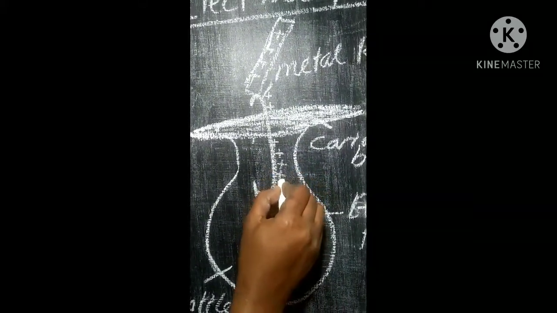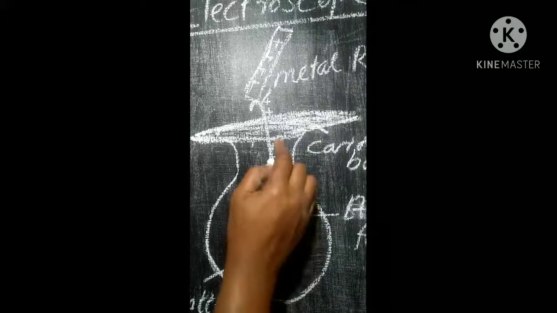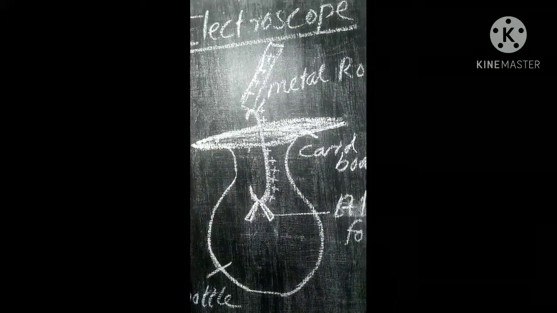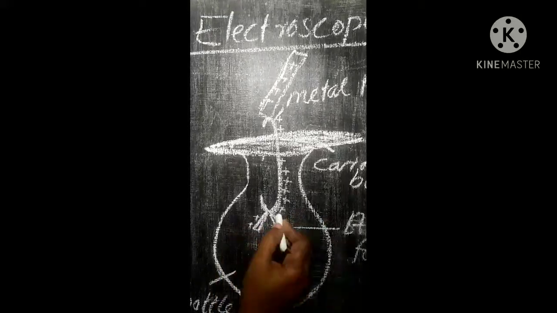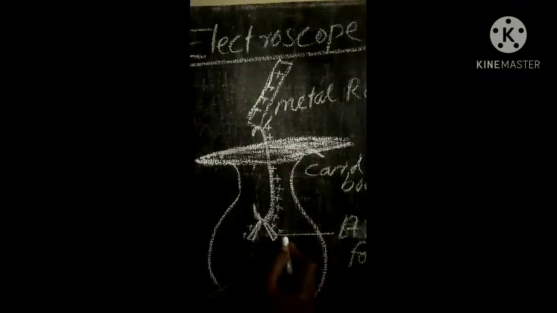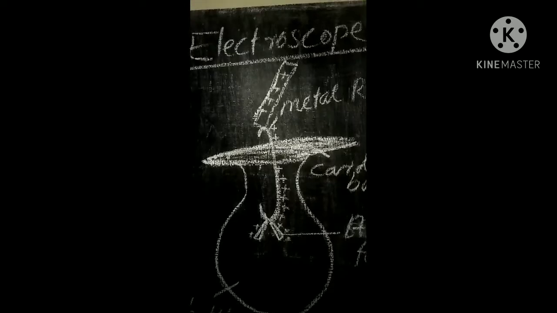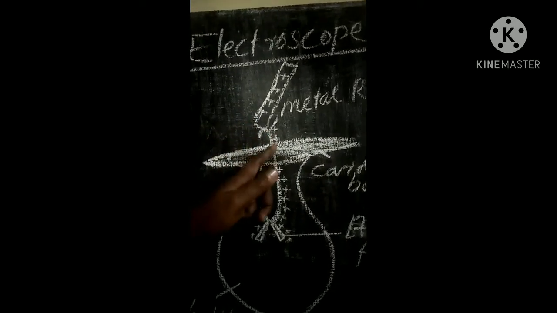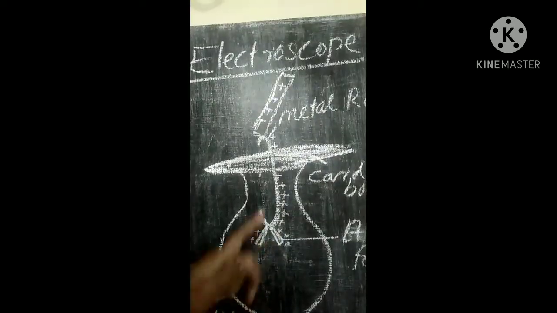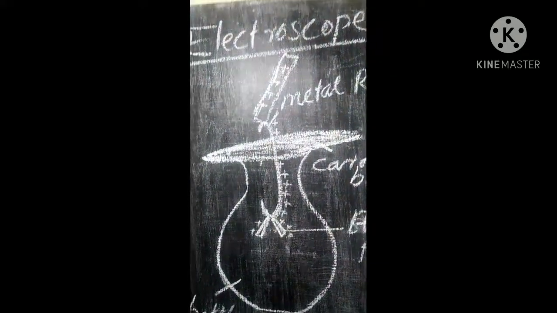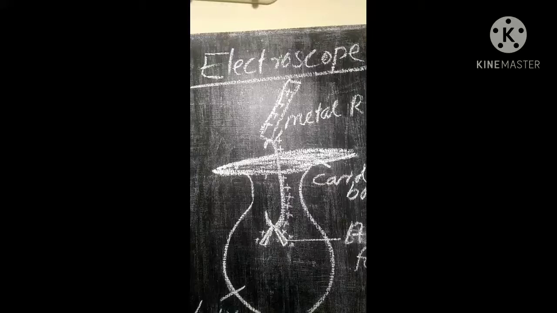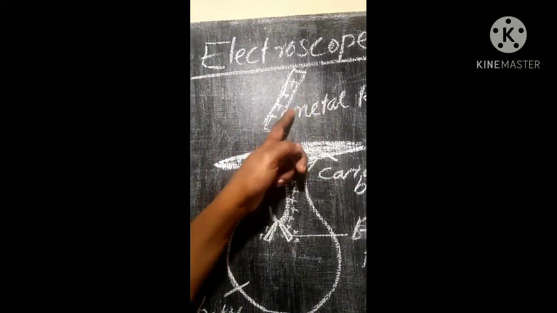The charges from the scale start moving down through the metal rod of the electroscope, and they reach the two pieces of aluminum foil also. So the entire thing inside the bottle, the metal rod as well as the aluminum foil, has now acquired some charge shifted from the scale.